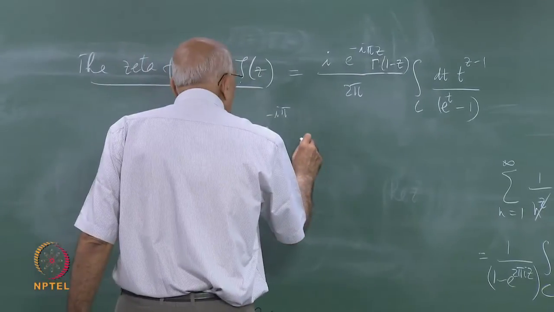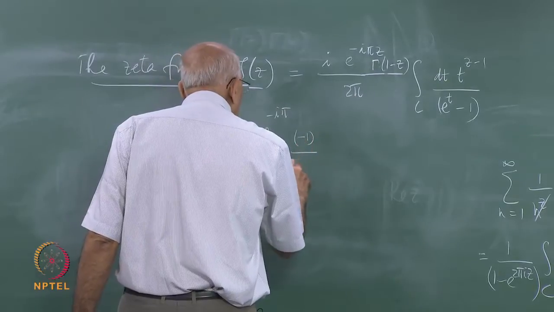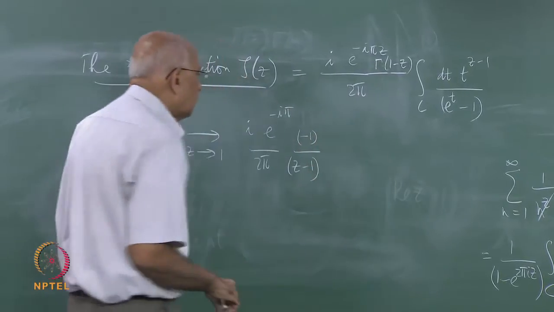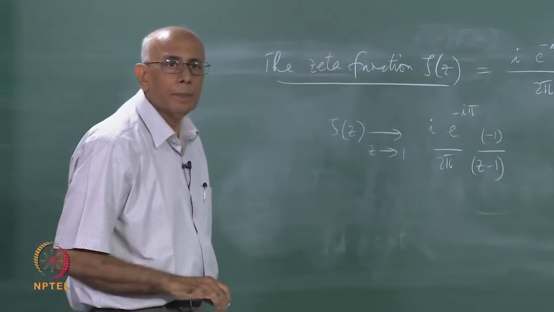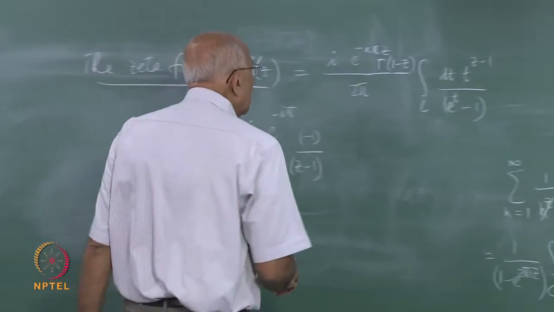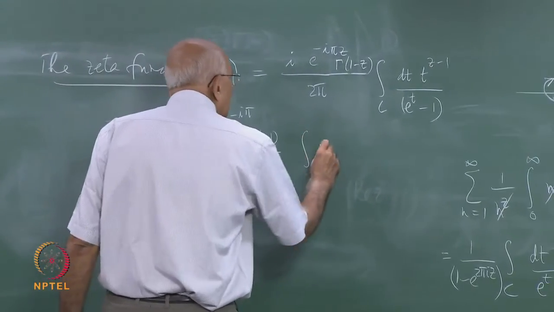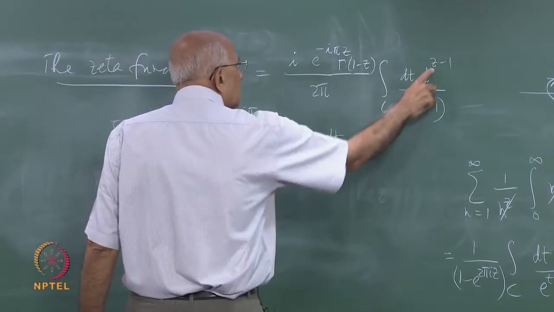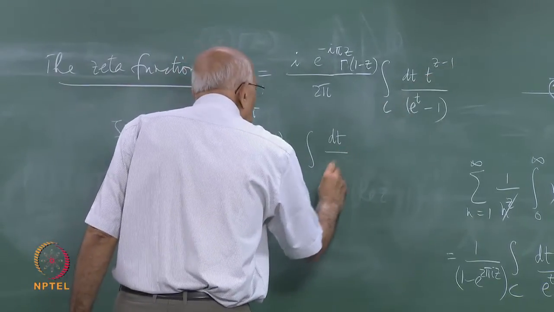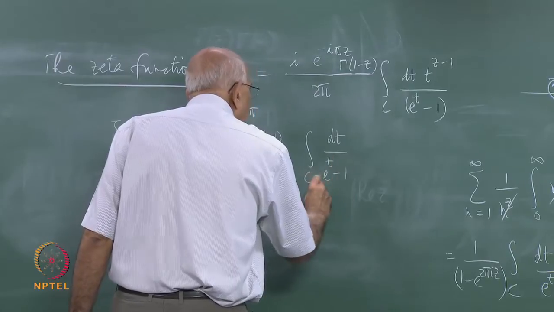So that is equal to minus 1 over z minus 1 in this fashion, and then an integral dt, z goes to 1, that is harmless, over e to the t minus 1 over this contour.